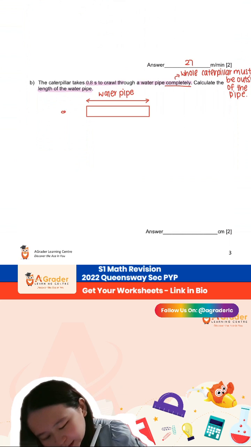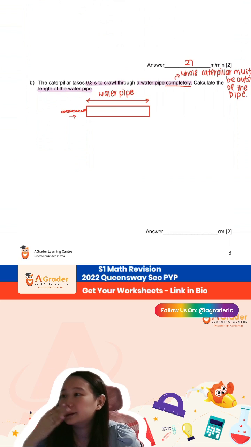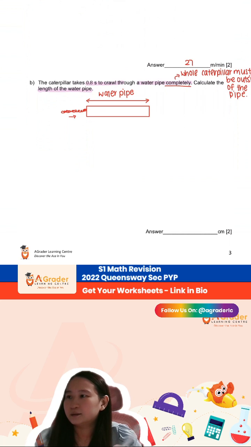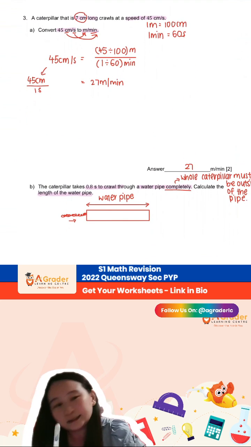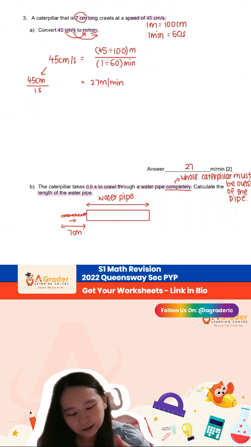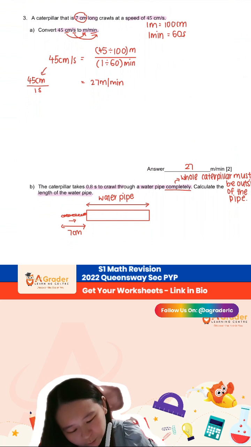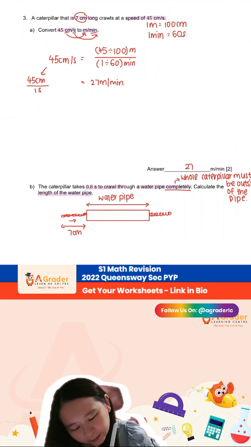So the caterpillar goes in from here. They tell you that the caterpillar is 7 centimeter long. So this is 7 cm. And they want the caterpillar to crawl until the whole caterpillar comes out.